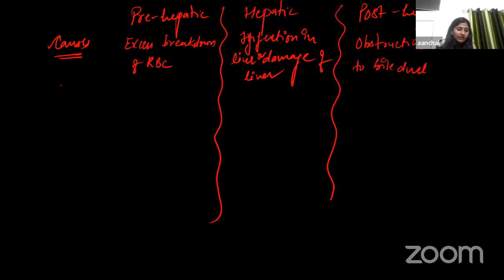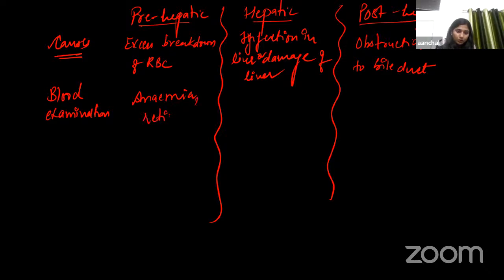Right? Now, what will happen to blood examination? In case of prehepatic, in blood examination, if there is excessive destruction of RBC, it means there will be decrease in count of RBC. So it leads to conditions like anemia and reticulocytosis. Otherwise, in hepatic, the blood examination will be normal. And in post-hepatic, the blood examination will be normal.